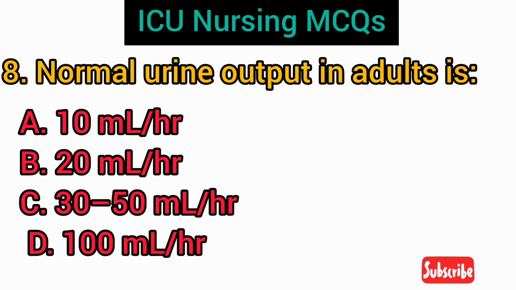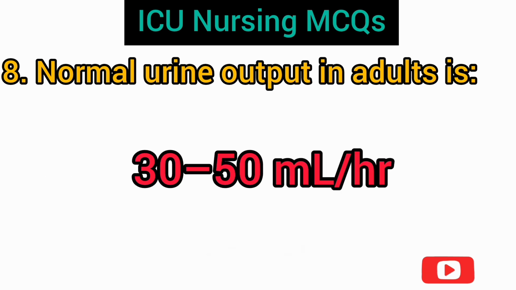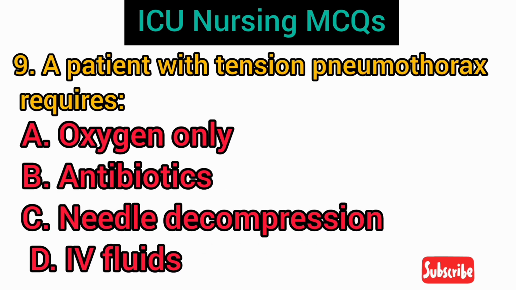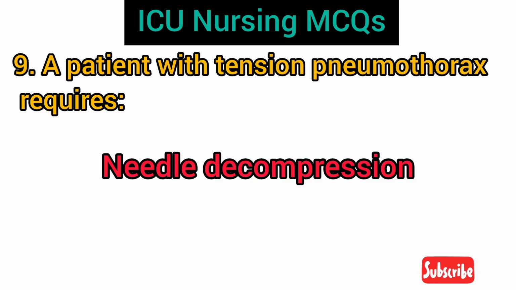Normal urine output in adults is 30 to 50 ml/hr. Patient with tension pneumothorax requires needle decompression.